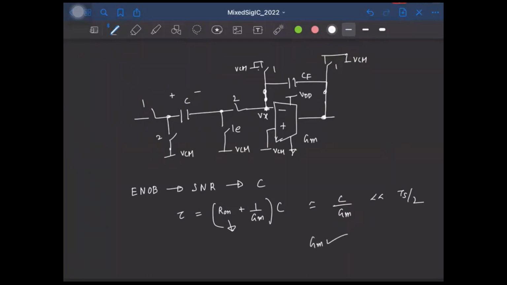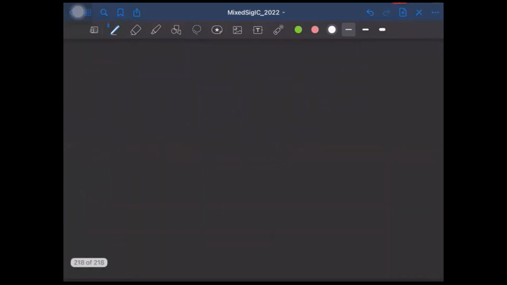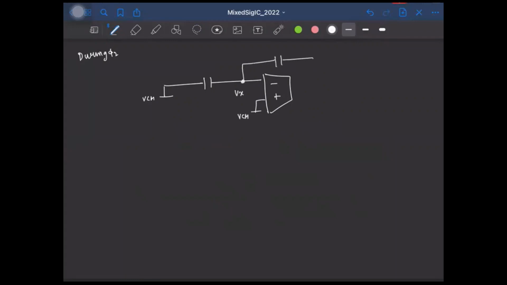But what about the minimum current you need from the OTA? Well, for that, let's see what happens in detail during the phase phi 2. So during phi 2, we have the equivalent circuit like this. So this is VCM. This is at VCM. This is Vx. This is C. This is Cf.